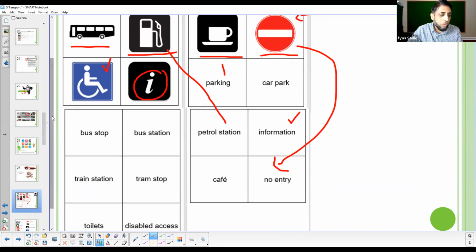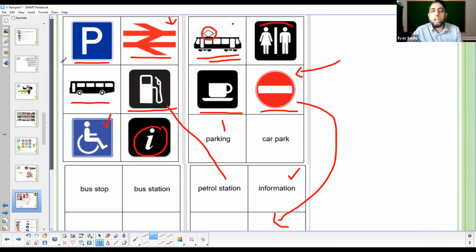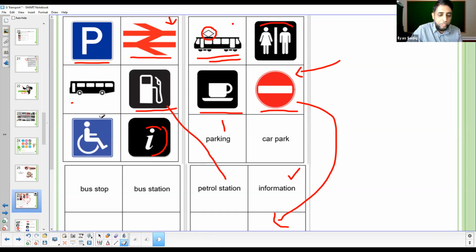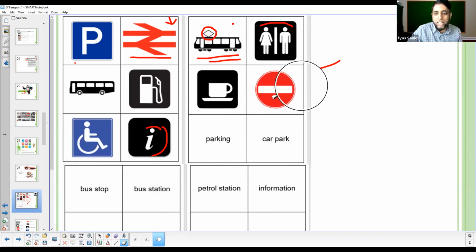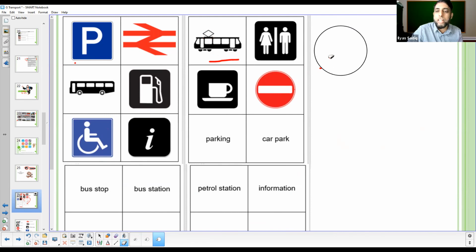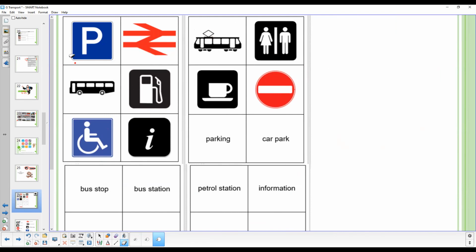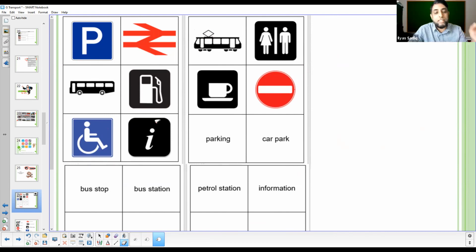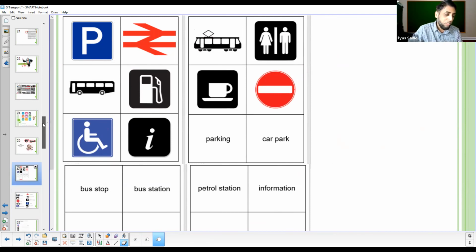Now just imagine that you are wandering in the city center and you are looking for something. If you see these signs and you know, oh, this is the train station there. Oh, this direction is the toilets and this is the parking. Sometimes you just see the sign for a petrol pump or petrol station.